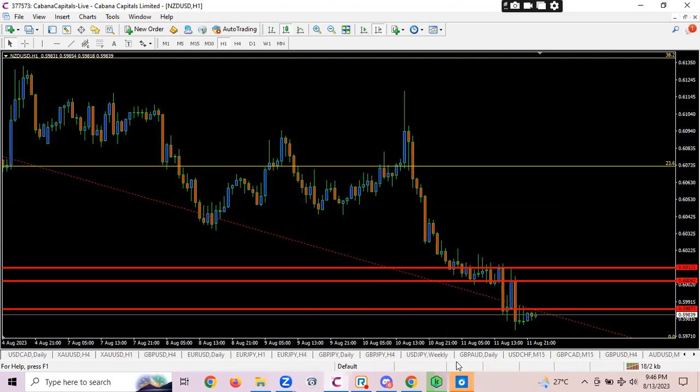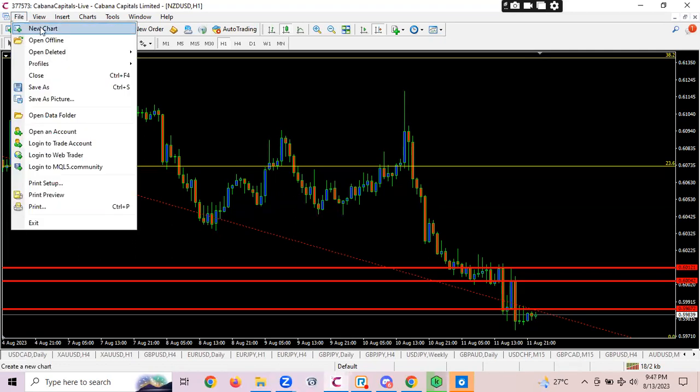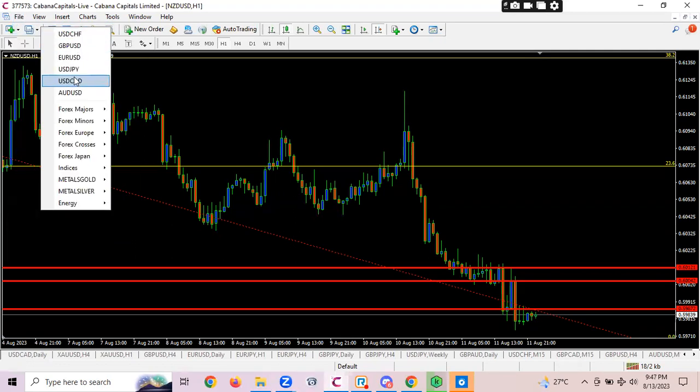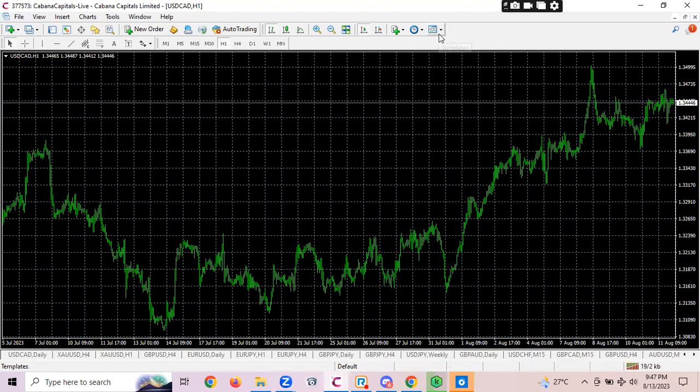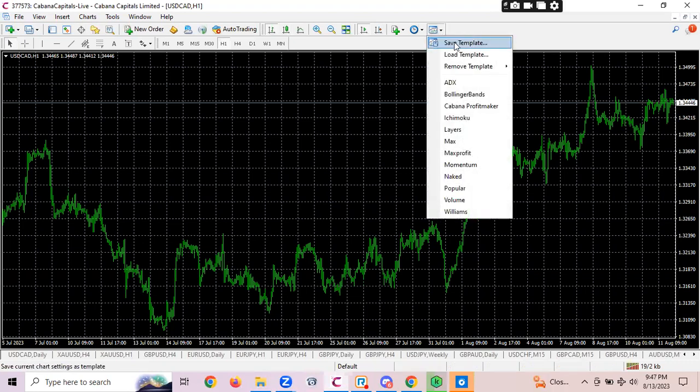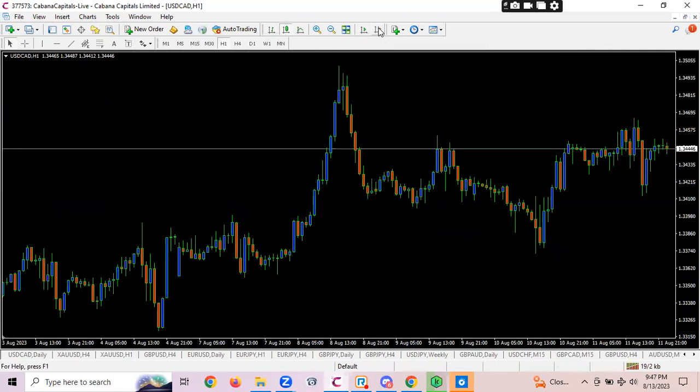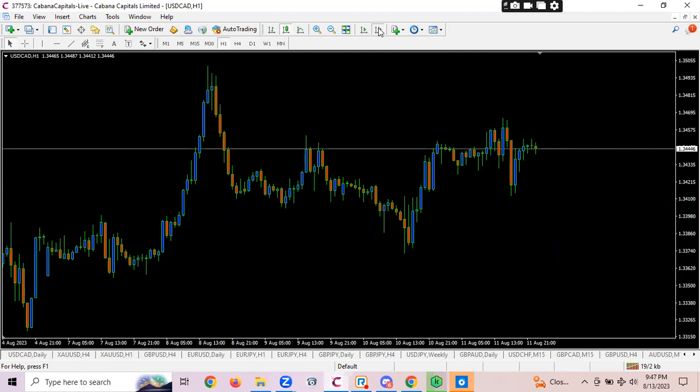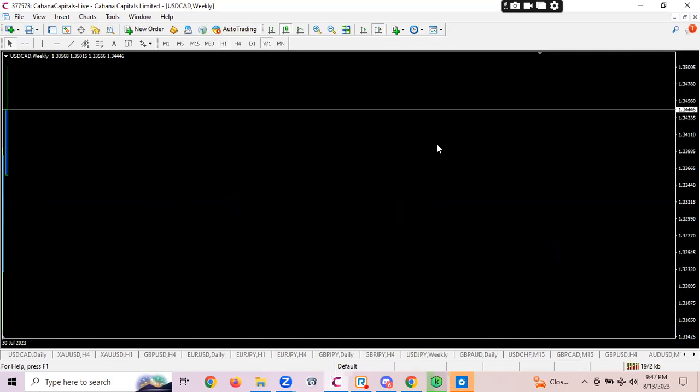Which other pair? USD CAD. On USD CAD, we should expect a bearish move. Let's see what we have on USD CAD. Let's start with the weekly.